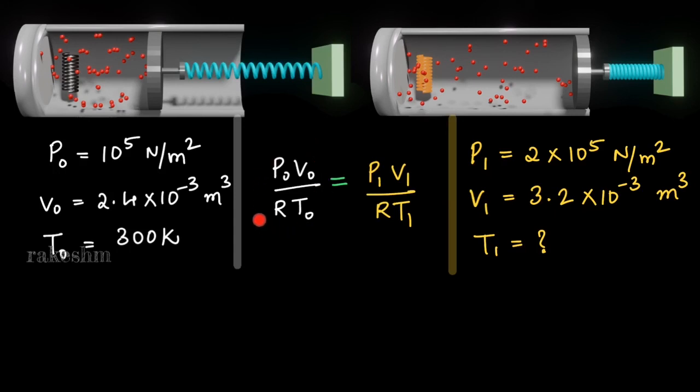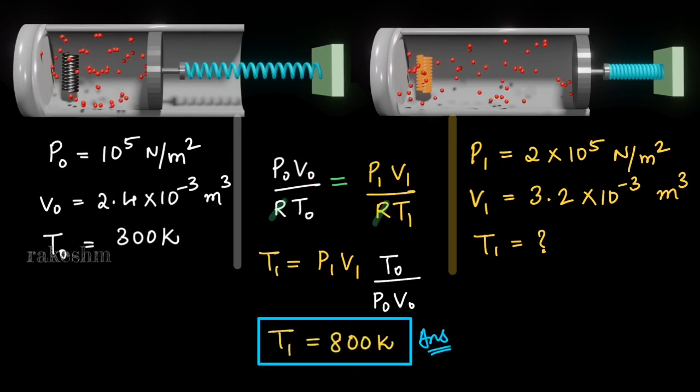We are writing P naught V naught by RT naught, which is the initial number of moles, equals P1 V1 by RT1, which is equal to the final number of moles of the gas. Next, we can write T1 equals P1 V1 into T naught by P naught V naught. I'm just taking this term to this side and this term to the denominator. So we get the final temperature of the gas as 800 Kelvin.